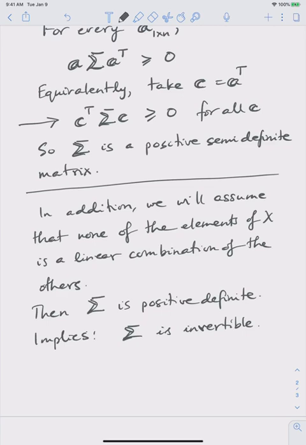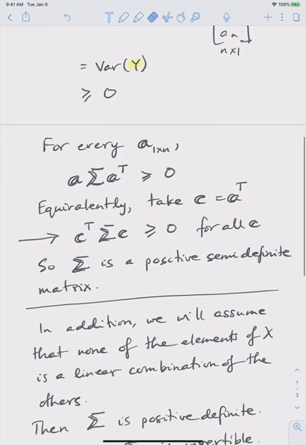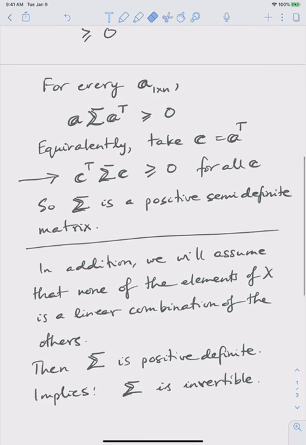Now, if this linear algebra is not familiar to you, don't worry about it. Just assume that the vectors that we will be working with have covariance matrices that are invertible. And that is going to be very important when we study the multivariate norm.